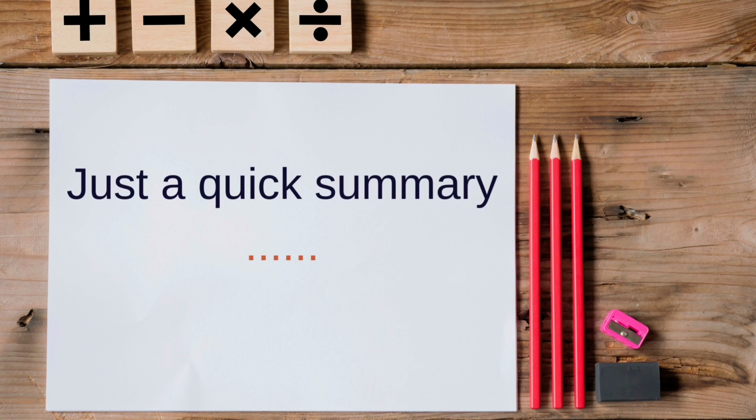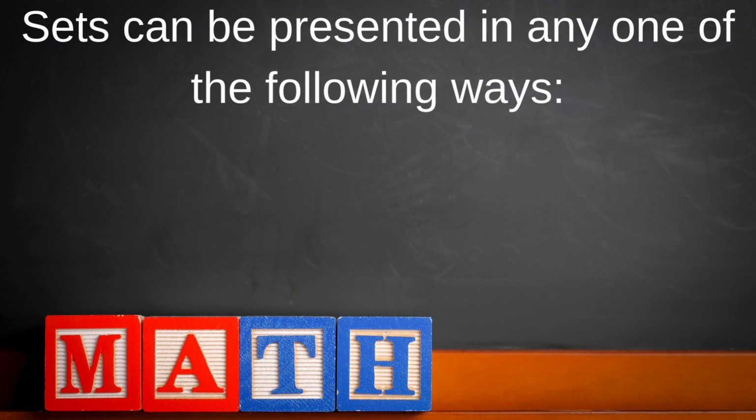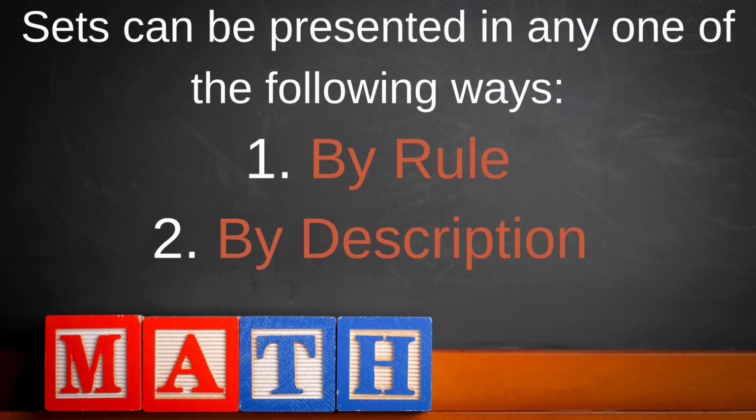So just a quick summary on what we've learned so far about sets. Sets can be presented in any one of the following ways. Number 1, by rule. Number 2, by description, which means we describe the elements that should be in the set.